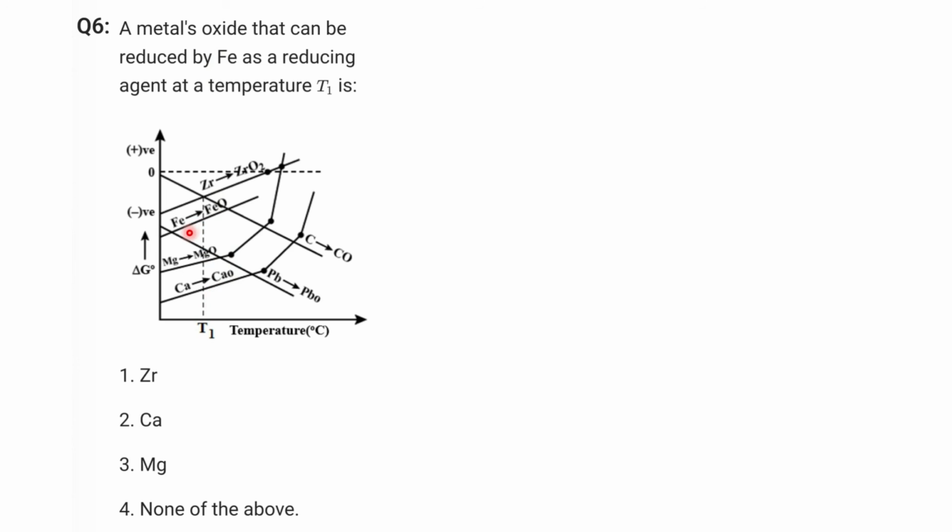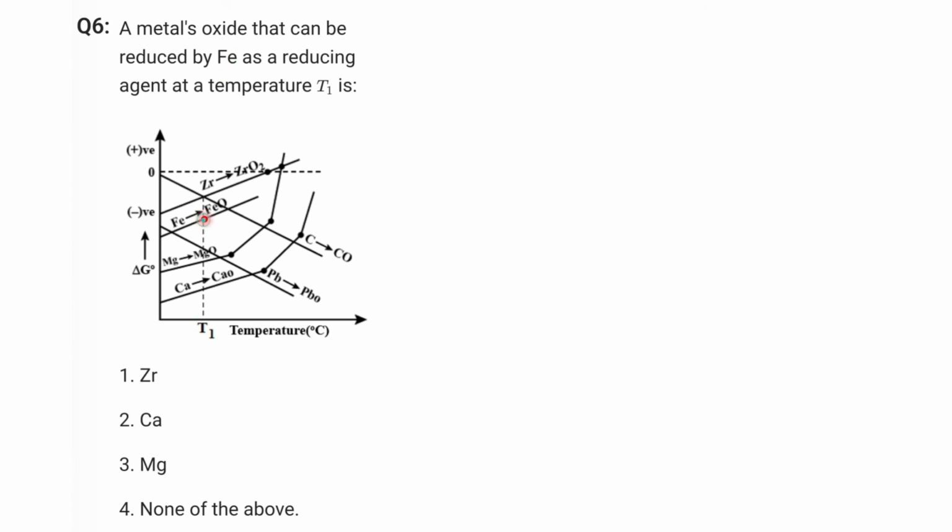Zirconium is placed here, and calcium which is placed lower. That means at this T1 calcium can reduce magnesium, but there is no question of calcium and magnesium. Question is like that, metal oxide that can be reduced by Fe.